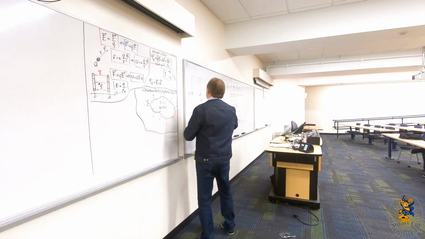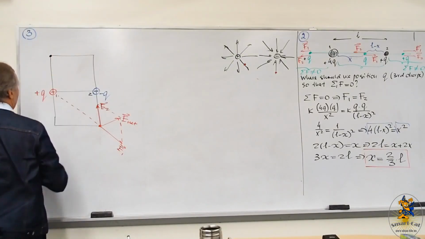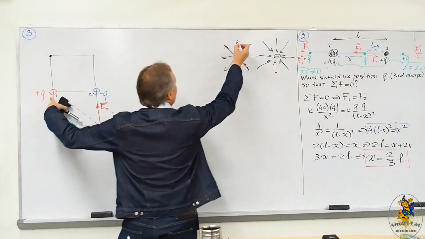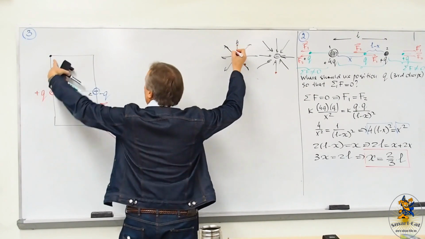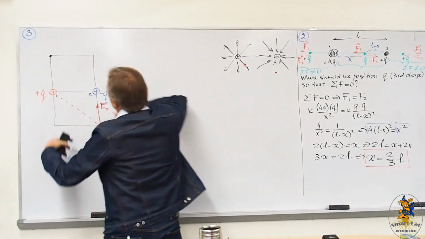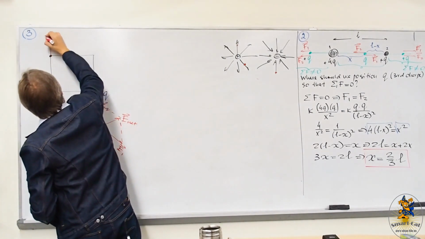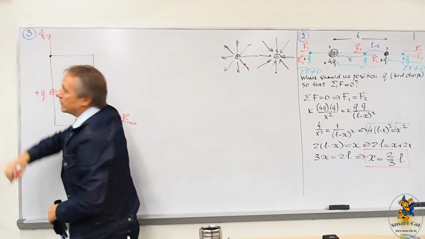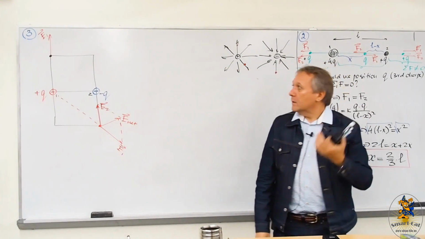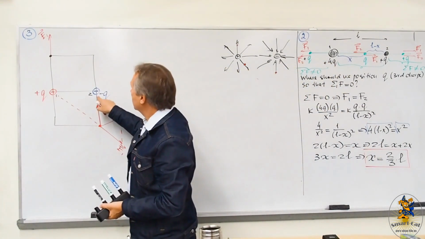Then, for example, let's say at this point, similar positive charge. This is the position of our point relative to our positive charge, so the electric field is straight up. Right? Then the negative charge.